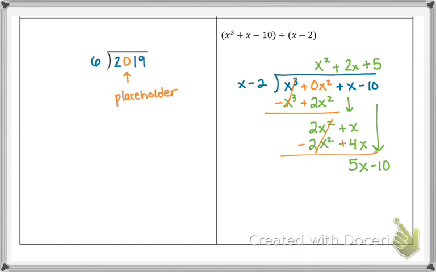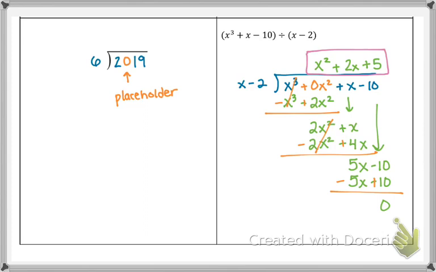And then we're going to multiply. 5 times x is 5x. 5 times negative 2 is negative 10. And when I subtract, we're going to minus the 5x and minus the negative 10, which turns it positive. And I have a remainder of 0. Okay, no remainder, so I don't have to write it as a fraction over the divisor. And my final answer is just x squared plus 2x plus 5.